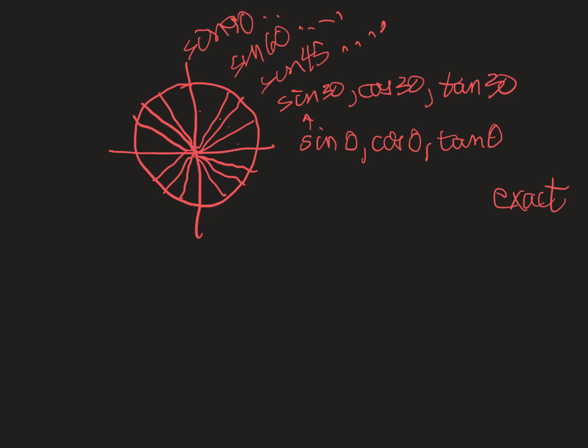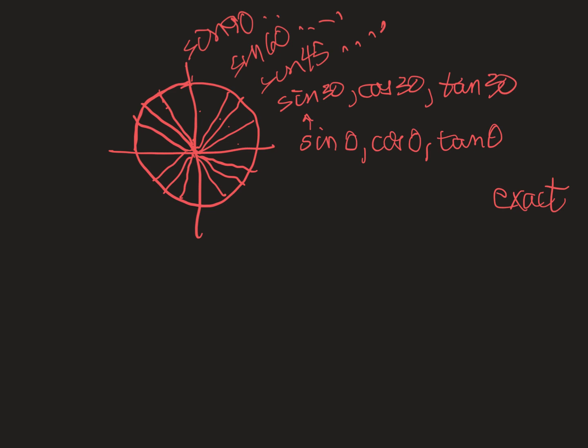Now, we're going to talk about the rest of this tomorrow. But as you go into quadrant 2, the ratios change, not their value, but their sign. So when we get to 120 degrees or 2 pi over 3, it's in a different quadrant. So the sine of 60 might have the same value, or it might have the same value with an opposite sign.